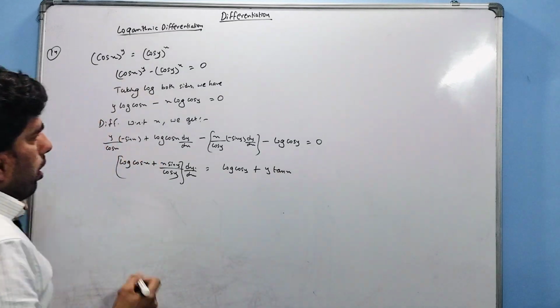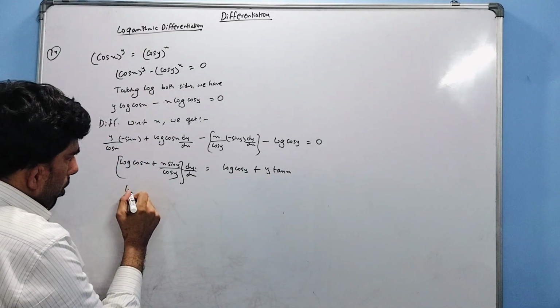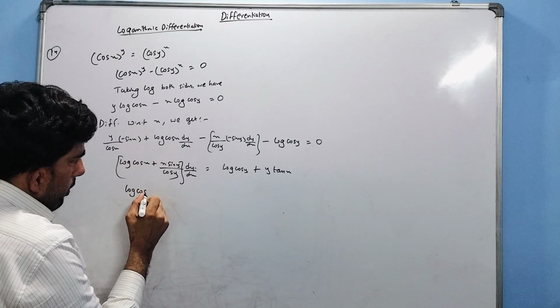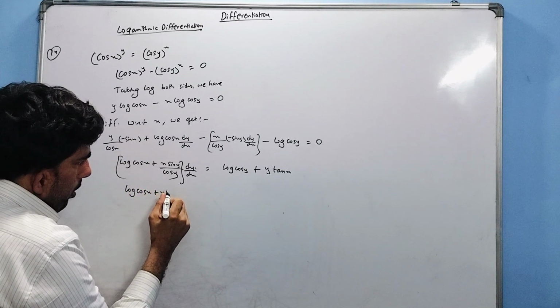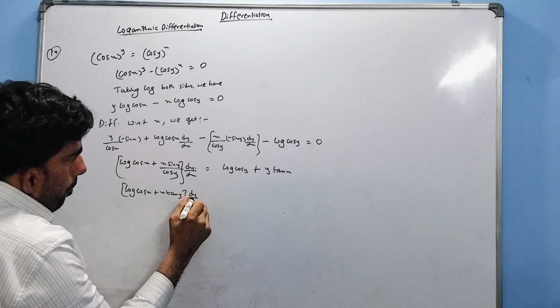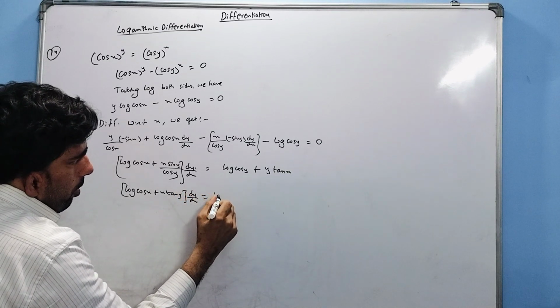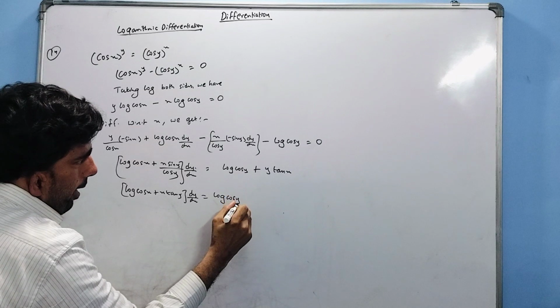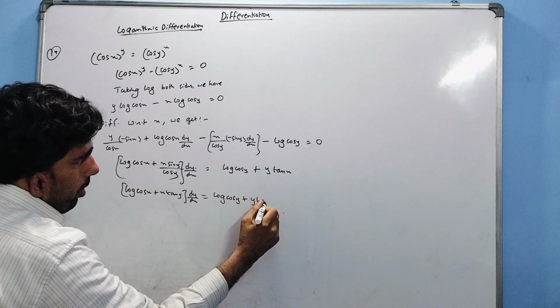That is, log of cos x plus x tan y, dy upon dx, equals log of cos y plus y tan x.